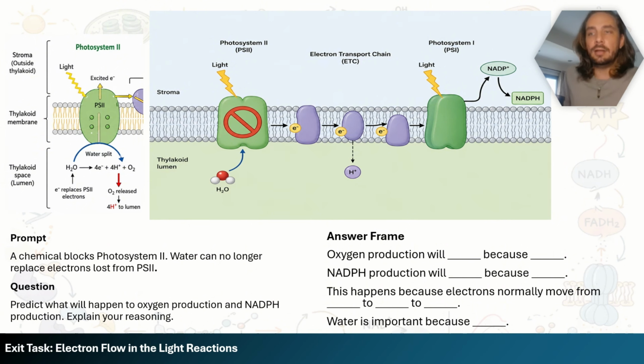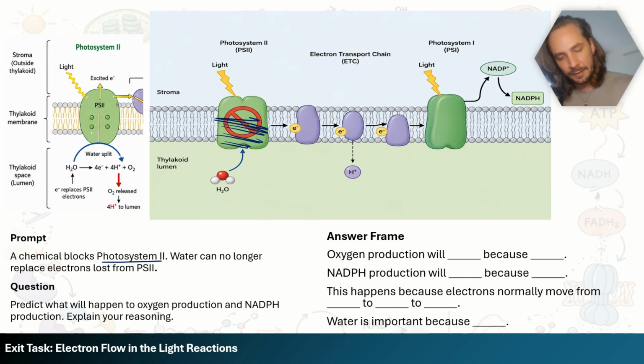This is your exit task for today. If you're able to complete this, then you understood what I was trying to explain today. A chemical blocks photosystem 2. Here we can see photosystem 2 is being blocked, and water can no longer replace those electrons.